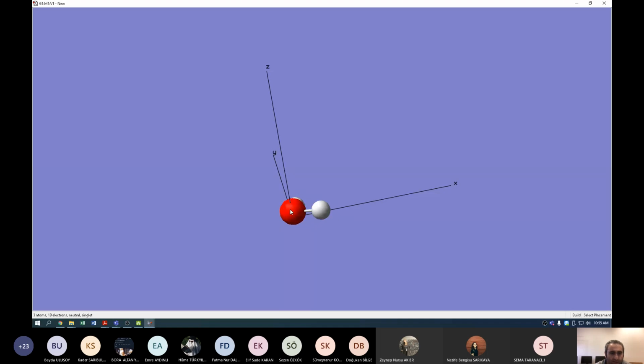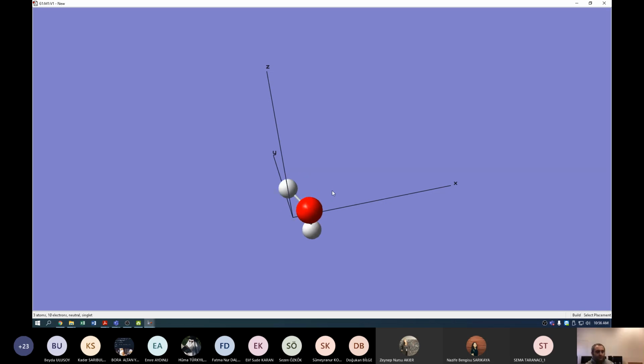This is X rotation, this is Y rotation, and like that is another rotation.